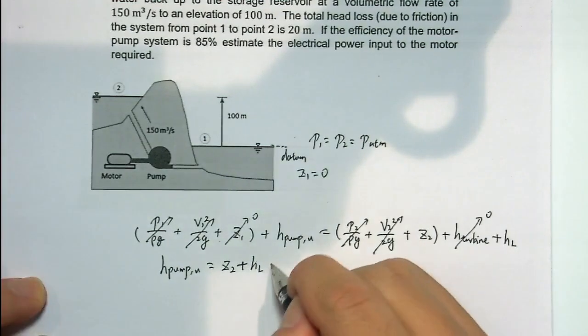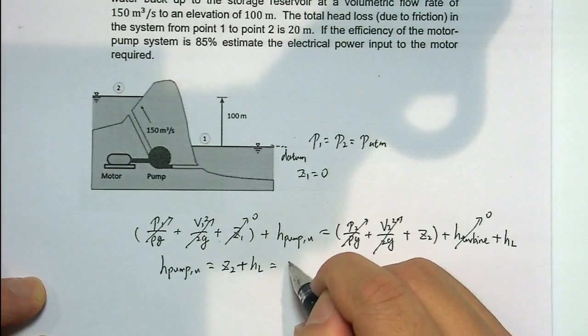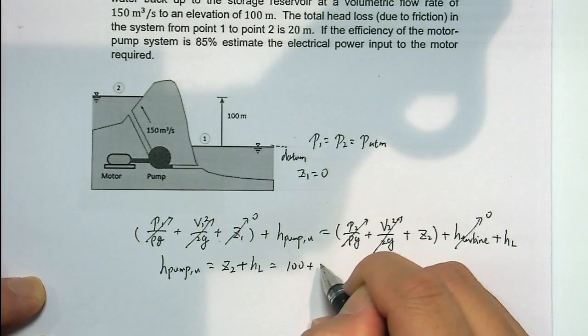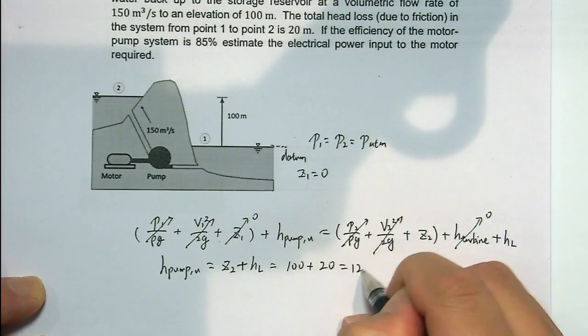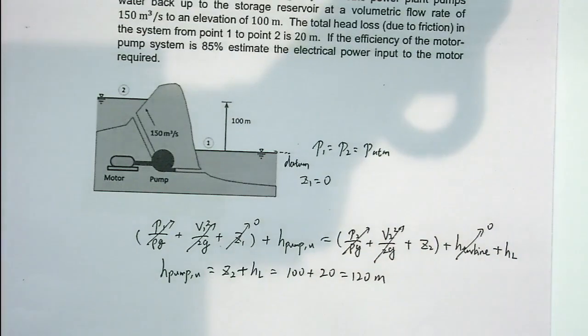So Z2 is 100 and the head loss is 20. So we got the pump head here.